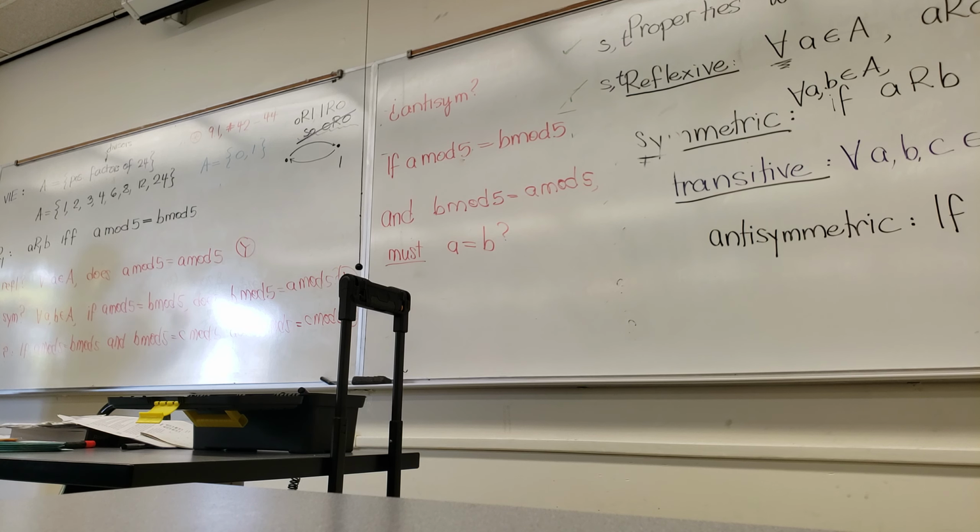We can come up with one scenario where that doesn't happen. What's 1 mod 5? 1. What's 6 mod 5? 1. So 1 is related to 6, and 6 is related to 1. Does 6 equal 1? No. So not anti-symmetric.